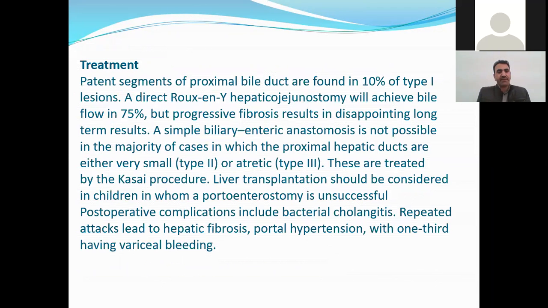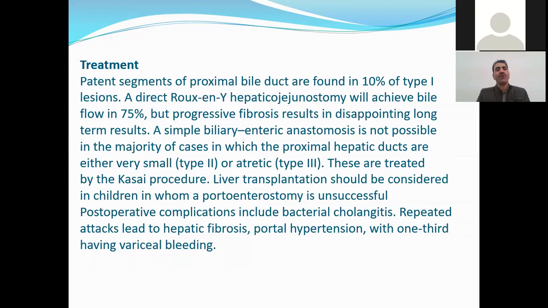What is the treatment of extrahepatic biliary atresia? A patent segment of the proximal bile duct is found in 10% of type 1 lesions. Direct Roux-en-Y hepaticojejunostomy will achieve bile flow in 75%. What does it mean? We connect the patent bile duct to the jejunum to bypass the obstruction, to bypass the atretic segment of the bile duct.